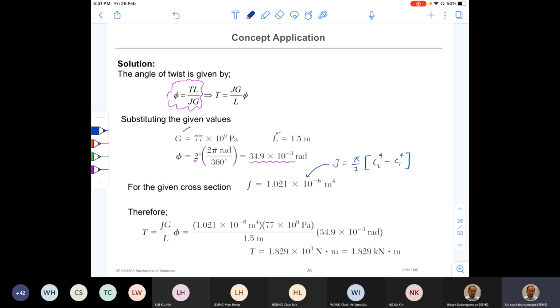Now it's a matter of substituting the numbers. Once you substitute the right numbers in the right units, remember, always use the right units, then you get the answer in Newton meters. So the kilonewton meter value is this. So that is a concept application. All the steps are given.